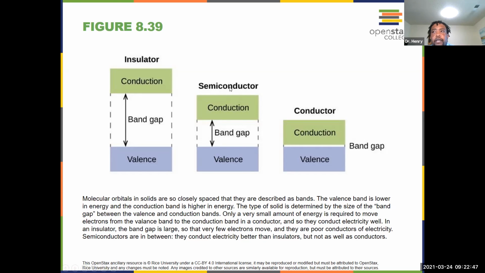Semiconductive material has a smaller band gap, so they're able to conduct just a little. Relatively speaking, a huge gap for insulators, less of a gap for semiconductors. A conductor, metals and such, isn't going to have a huge energy gap, so there's not going to be much of a gap between the valence point and the conductive point.